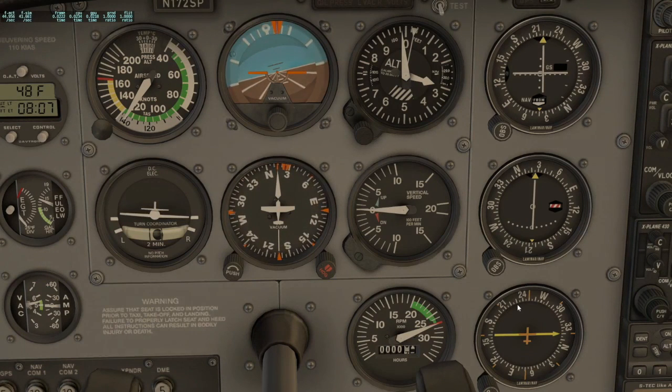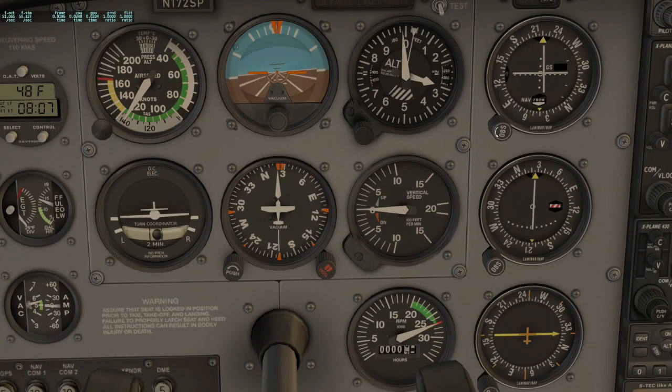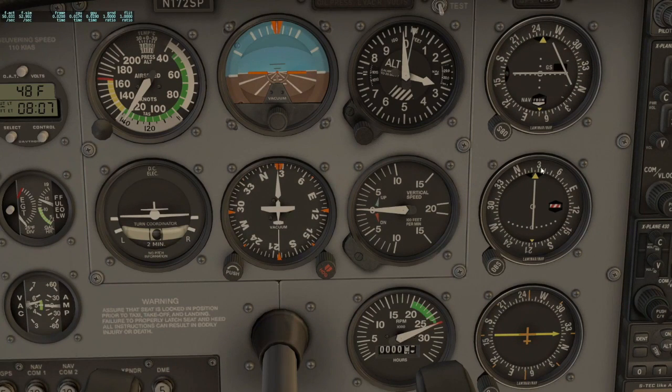Okay, so now I'm coming at my radial with this angle, so I'm gonna go ahead and select it. Remember, it's 250 inbound. So once I get close to that one, the needle starts to move to the center, 250 inbound. That means I need to turn in this direction towards the VOR, which is 070.